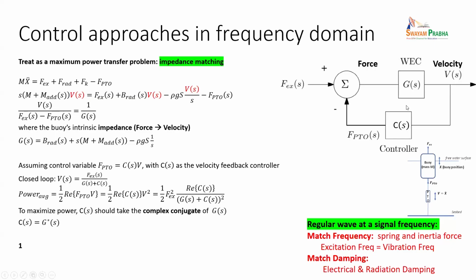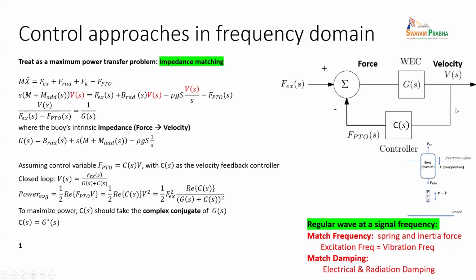Now the closed loop system: you give this PTO force input, and V(s) equals F excitation divided by G plus C(s). This is a control system. Did you guys learn this control or not? Raise hand. Mechanical engineers, you should learn control.